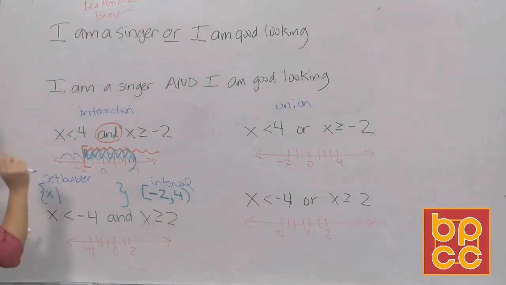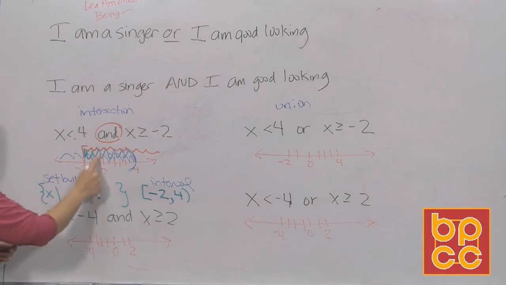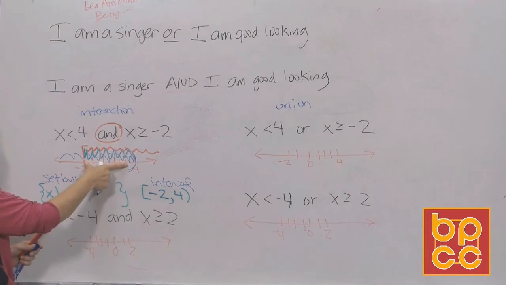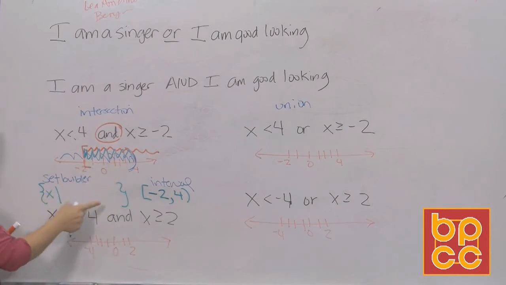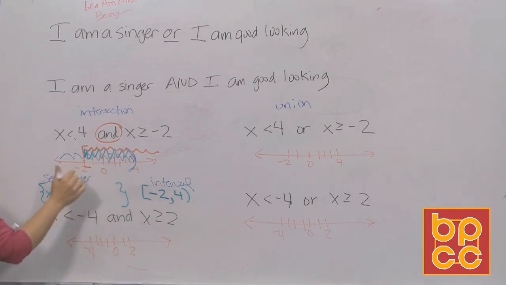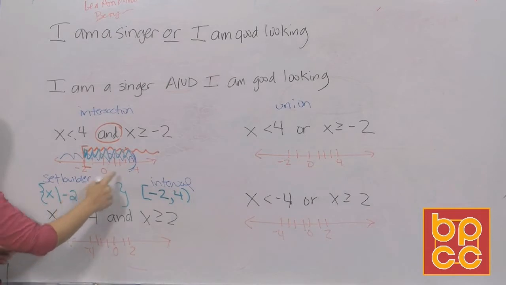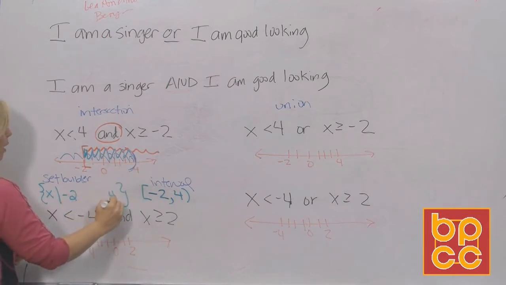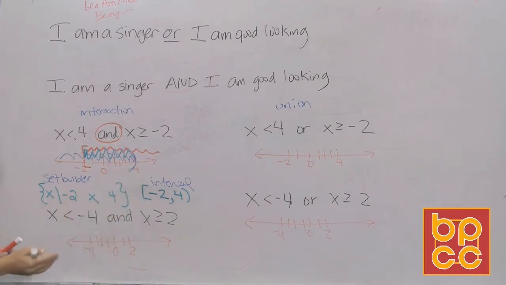Think about it. What you just colored in are all the numbers in between -2 and 4, correct? So when you write an and statement in set builder, what you're going to do is you're going to show me all the numbers in between. The first number starts at -2, the shading ends at 4, and X goes in between because X represents your answers.